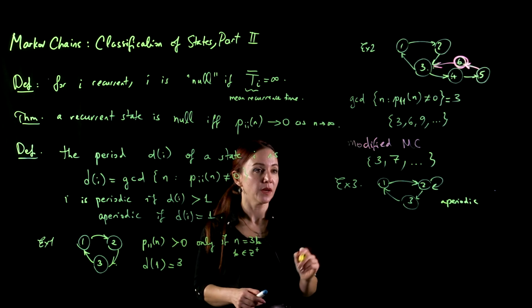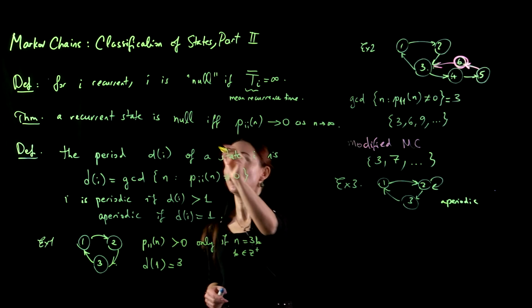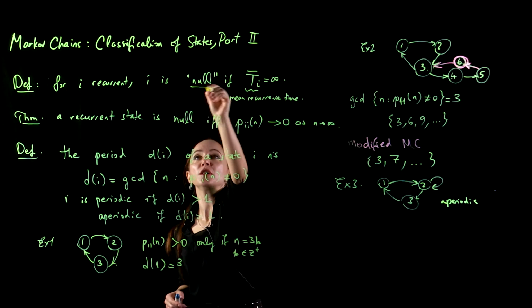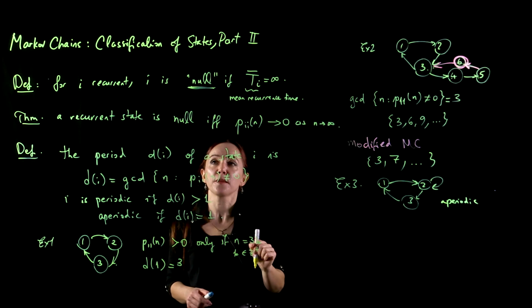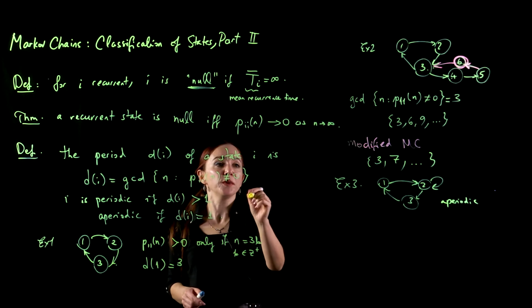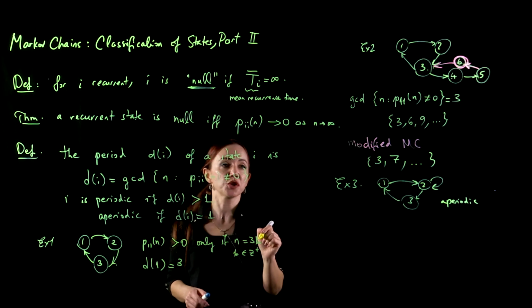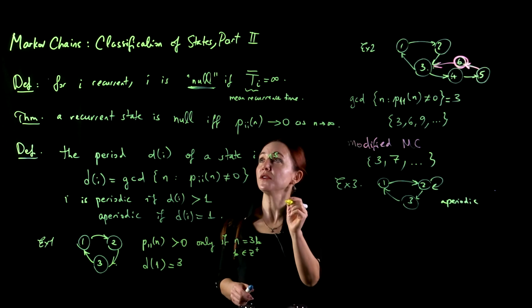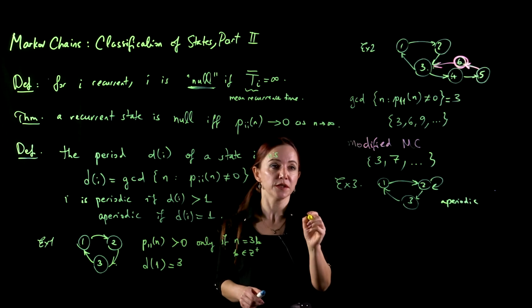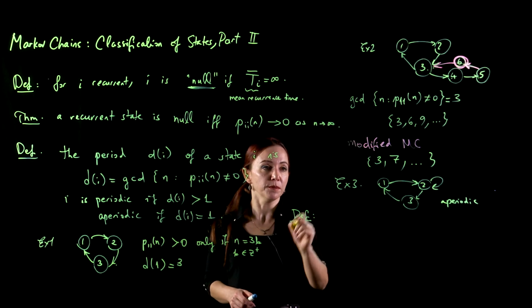Now, let's return to our definition of null recurrence, because I'm now going to make a definition of another important classification of a state. The definition is the following.